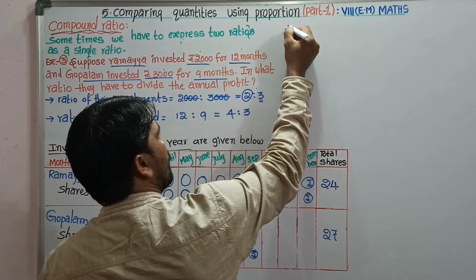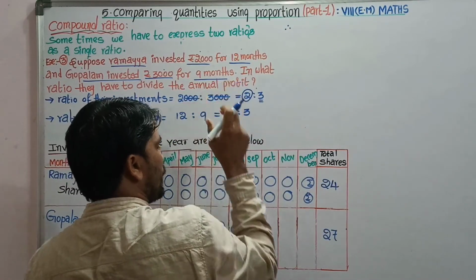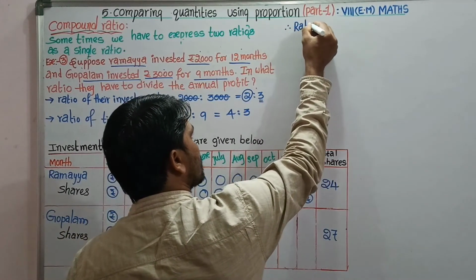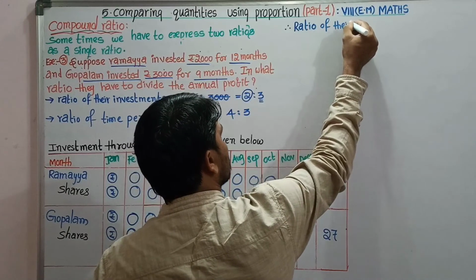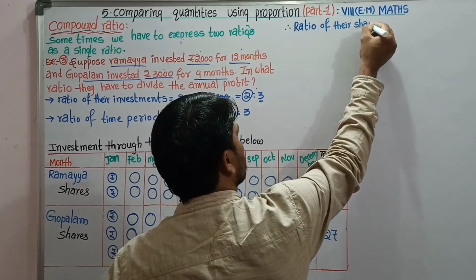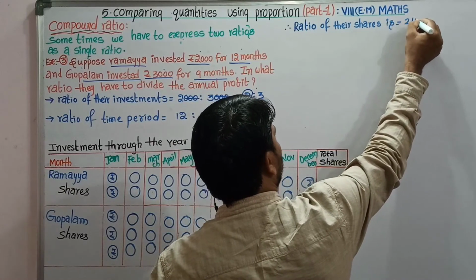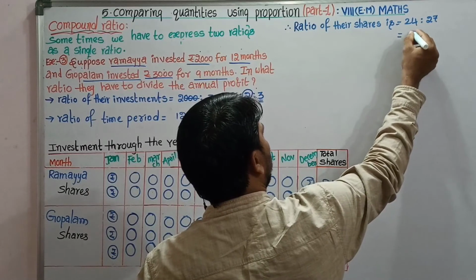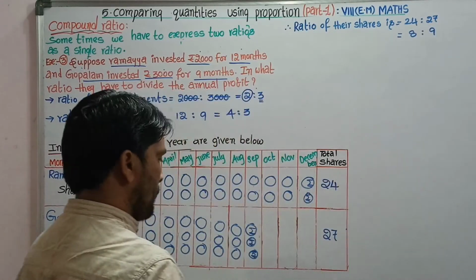Therefore, they will divide the annual profit in the ratio of their shares. Therefore, the ratio of their shares is equal to 24:27. 3 eights are 24, 3 nines are 27.